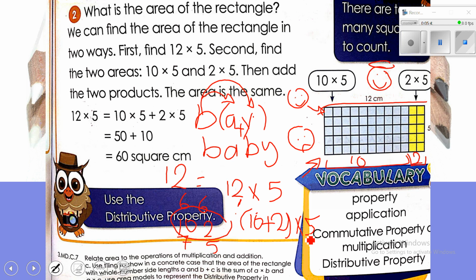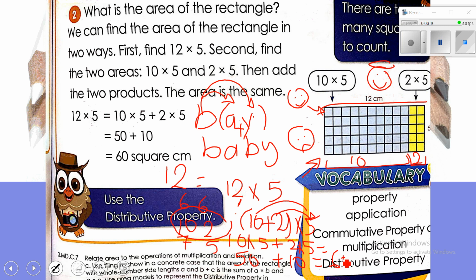The first 10 will be multiplied by 5, then the 2 will be multiplied by 5. So 10 times 5 will be 50, and 2 times 5 will be 10. 50 plus 10, the answer is 60.